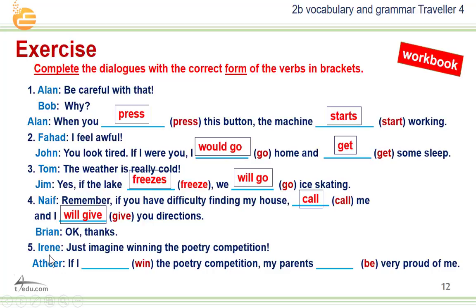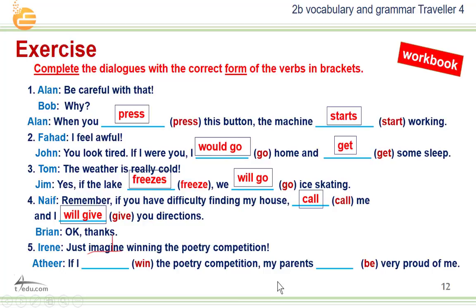Number 5. Irene, just imagine winning the poetry competition. Note, she says imagine. Athir, if I win the poetry competition, my parents be very proud of me.